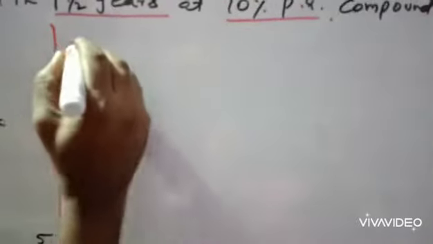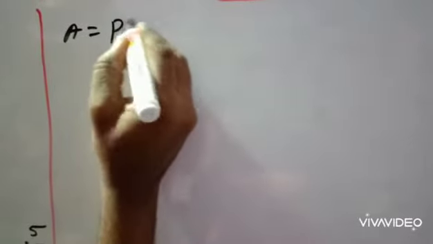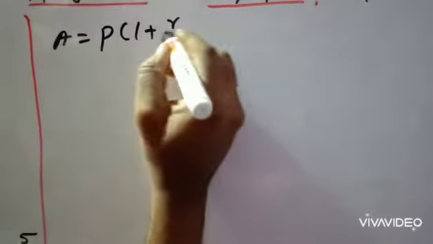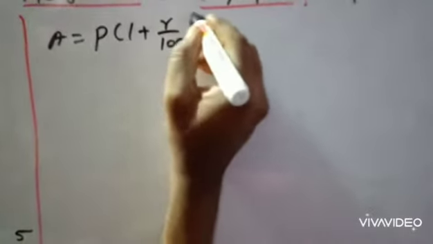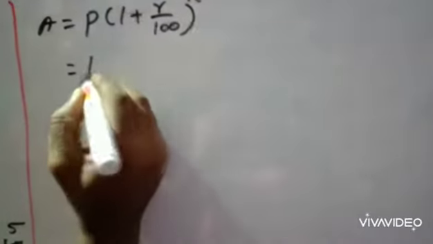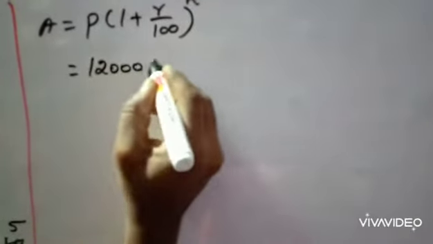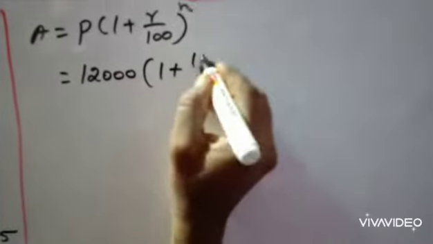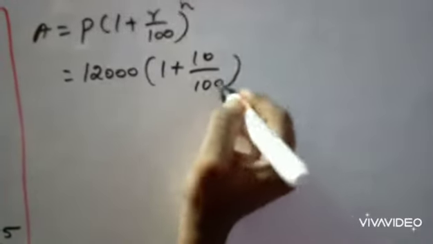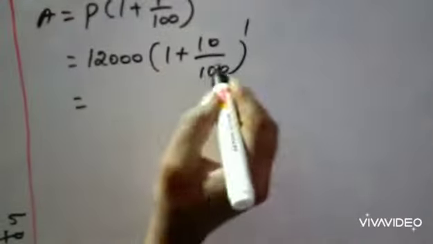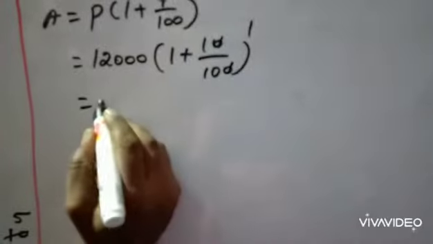So we can apply the formula: amount equal to P into (1 plus R by 100) power n, equal to 12,000 into (1 plus 10 by 100) power 1.